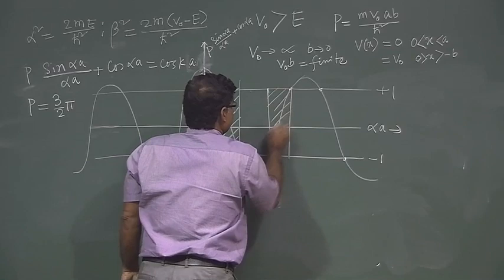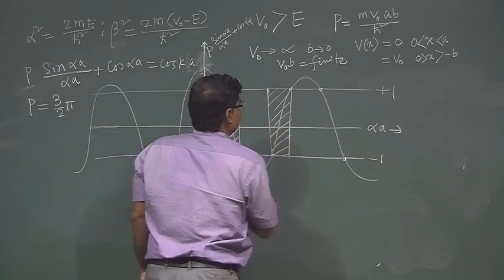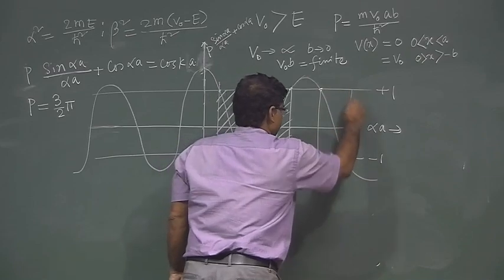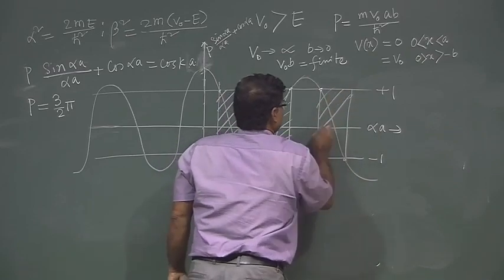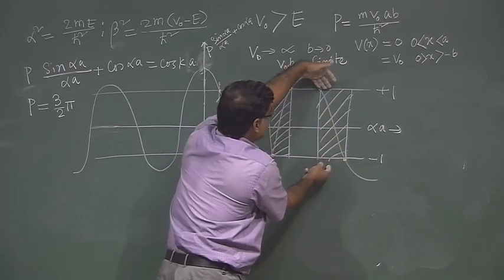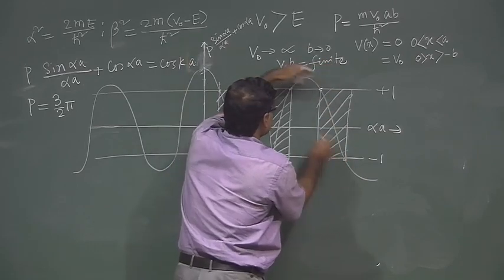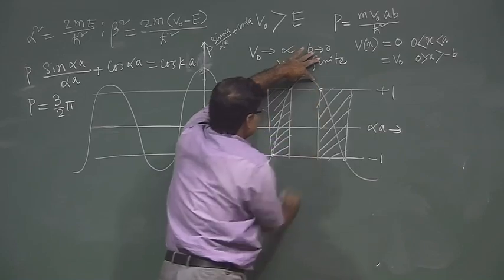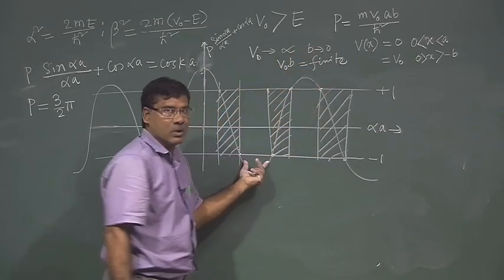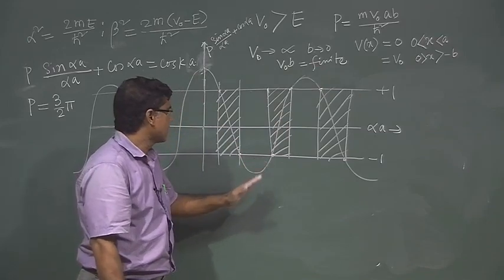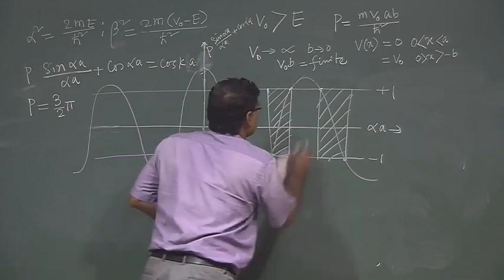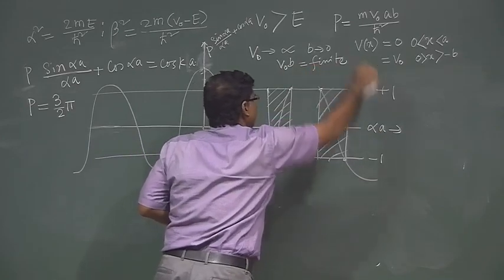Okay. Similarly, this part will be only the solution, because this part is only within this plus and minus. Okay. So, for the other part, this part is more than plus 1, this part is more than minus 1. So, these are not allowed. Okay. So, this part is the only allowed part.